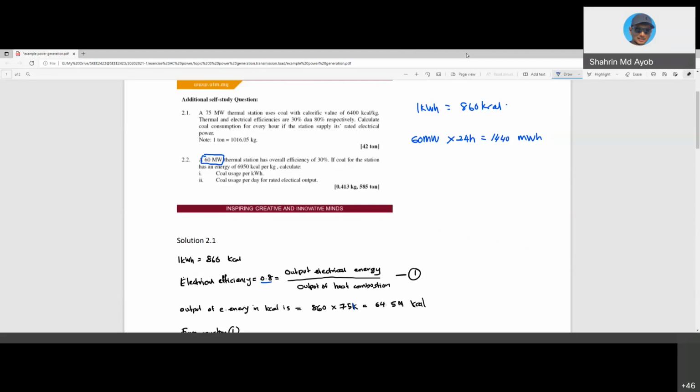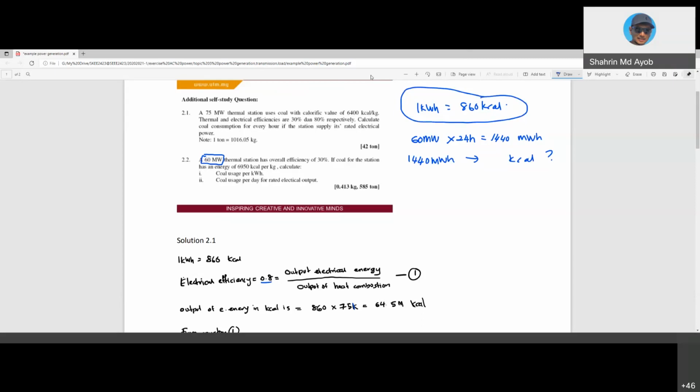So this is the amount for 1 day, 144 megawatt hour. Equivalent to how many calories? You should use this formula: 1 kilowatt hour is equal to 860 calories.